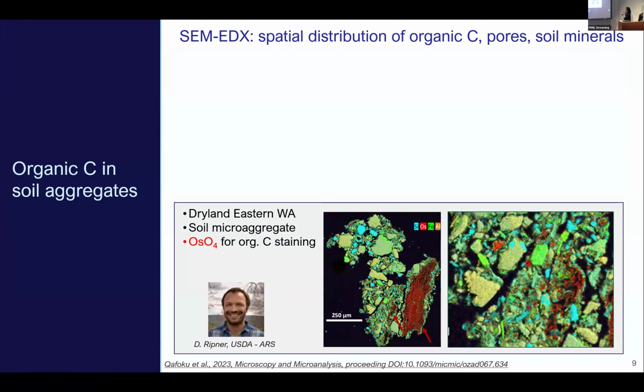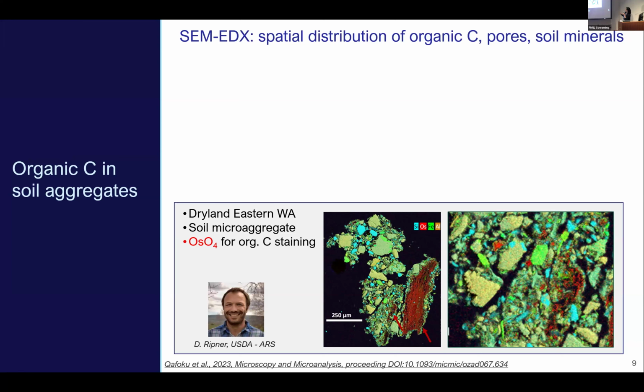Another sample here is a sample with Devin Ripner, the first example of a collaboration with a user from University of Nebraska. This aggregate is very different from the first one that I showed. This is a micro aggregate. This is about 250 micron.